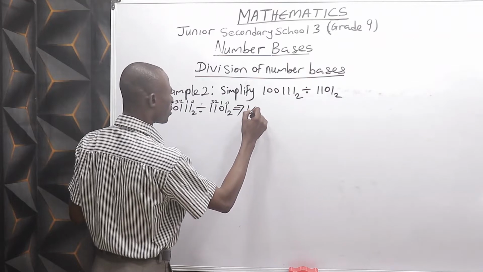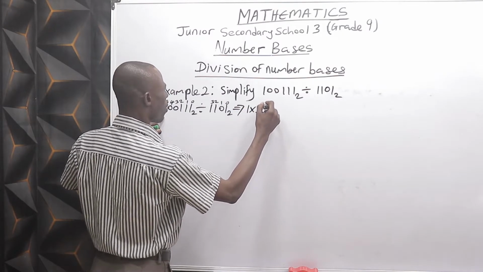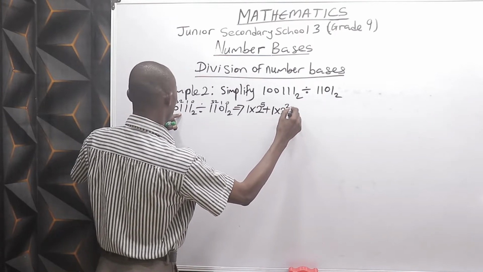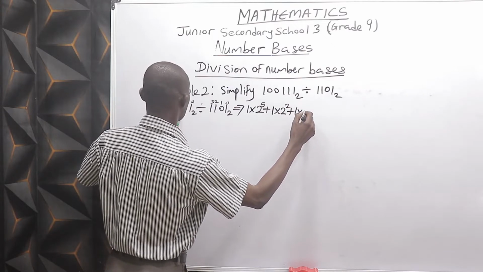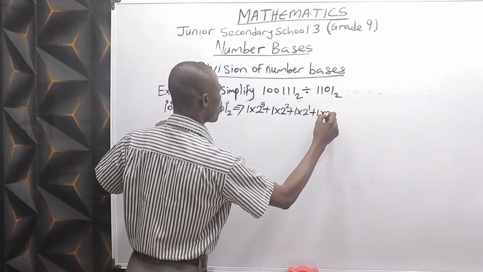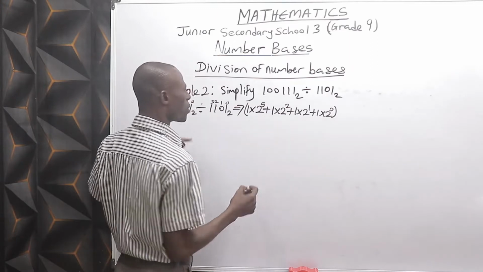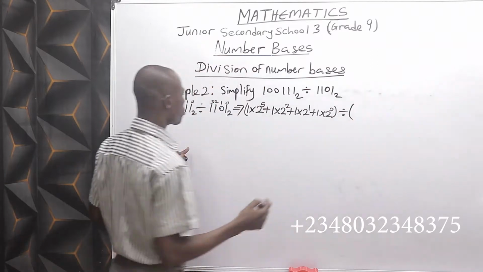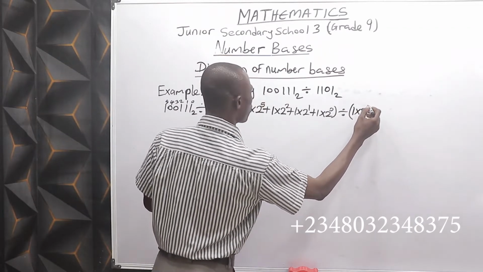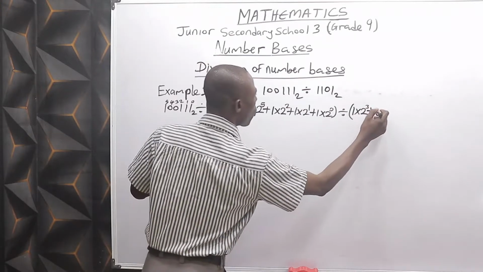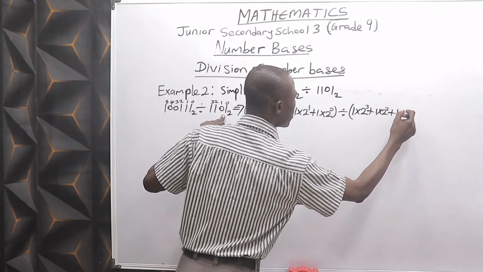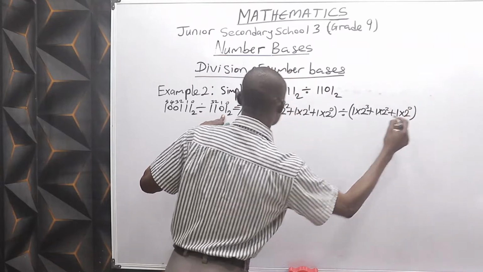So we have 1 times 2 raised to power 5 plus 1 times 2 raised to power 2 plus 1 times 2 raised to power 1 plus 1 times 2 raised to power 0, I bracket this, divided by the other number now, 1 times 2 raised to power 3 plus 1 times 2 raised to power 2 plus 1 times 2 raised to power 0.